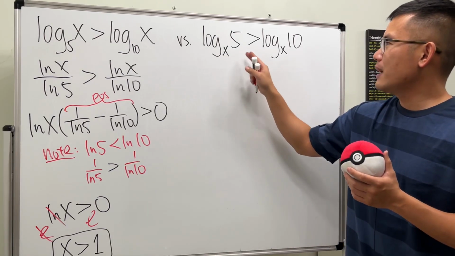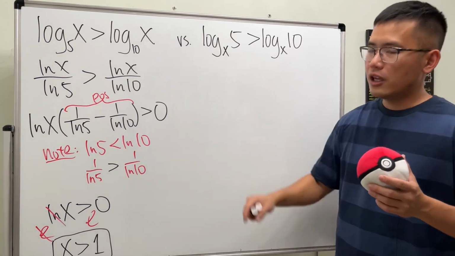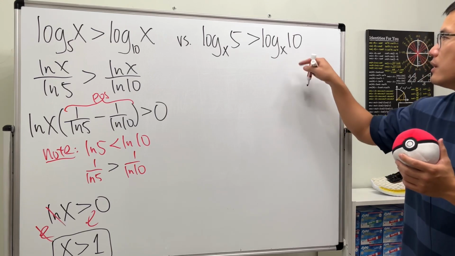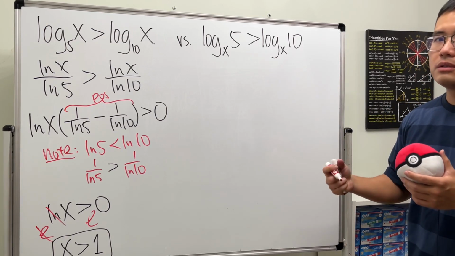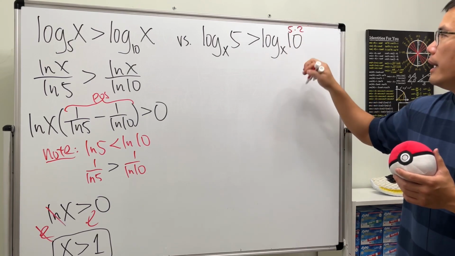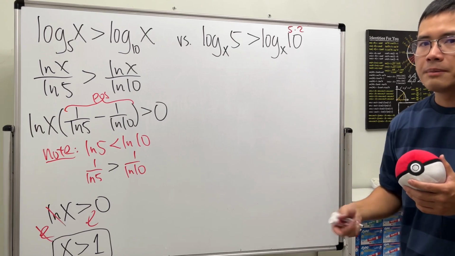Alright, let's see this one. Log base x of 5 is greater than... how do we even do this? You can also try to use the change of base formula, but let me do it slightly differently. For this one right here, the 10 is nice. It's just 2 times 5. When we have log of a product, we can write it as the sum of two logs.